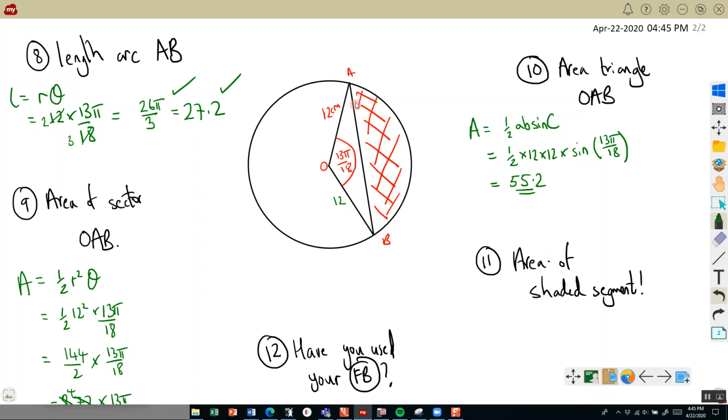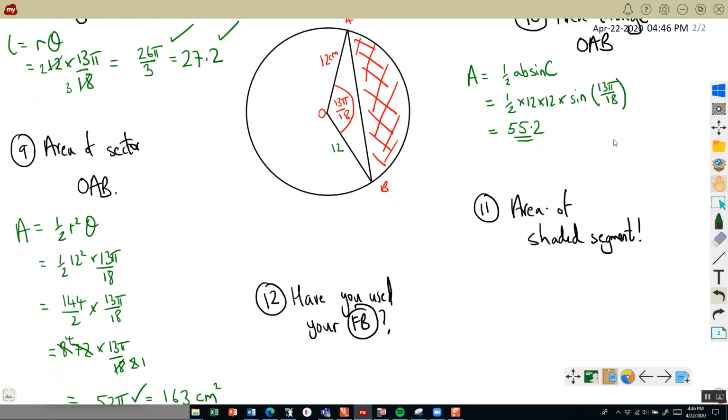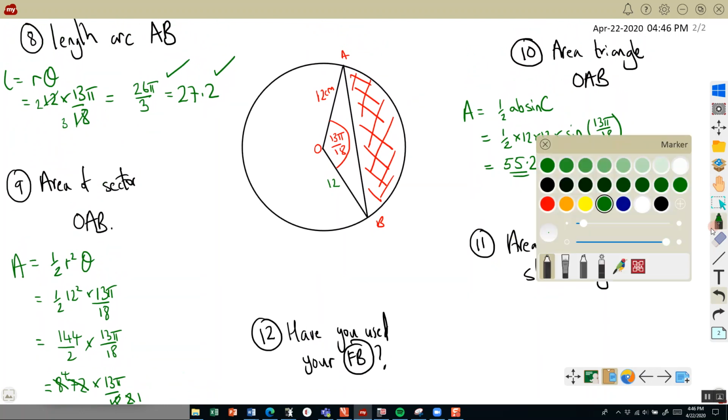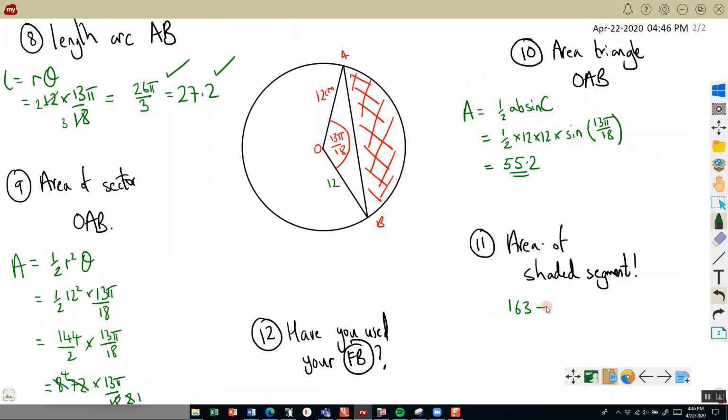And the last one, area of the shaded segment. So we've got the area of the full sector. We've got the area of the triangle. So to get the area of the segment, we subtract these 2 answers. I can't see the previous answer, so 163 take away 55.2 will give me 107.8.